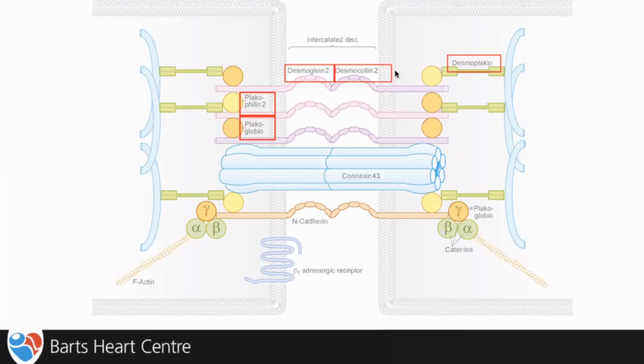These are classically desmoplakin, plakophilin, plakoglobin, desmoglein, and desmocollin. As I said, there are quite a few other proteins outside of the desmosome that can do that, but these are the original ones that we described primarily, and we know are the most common ones.